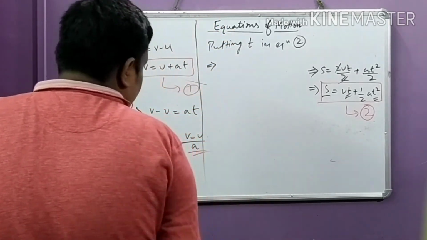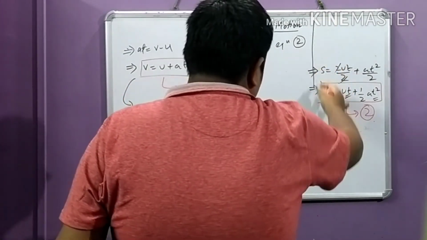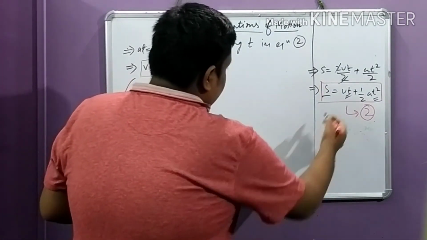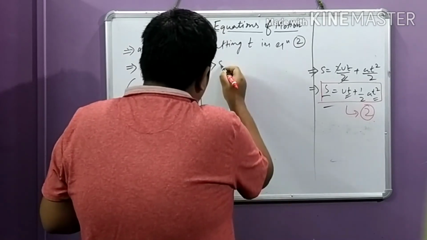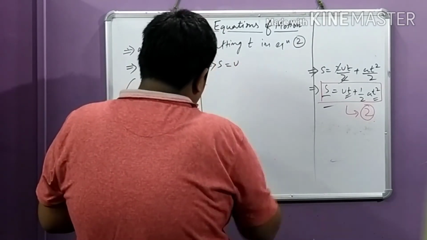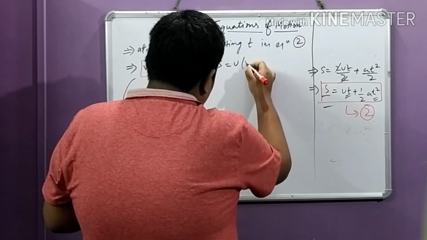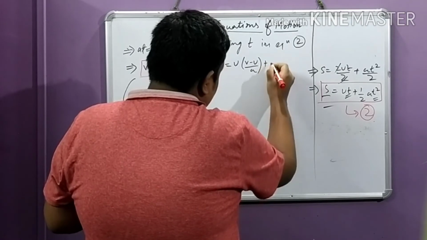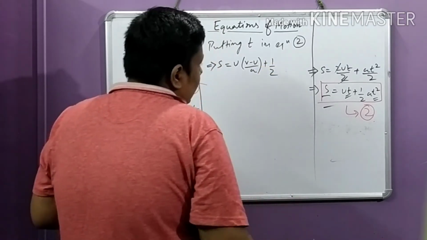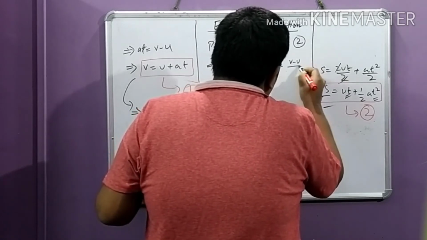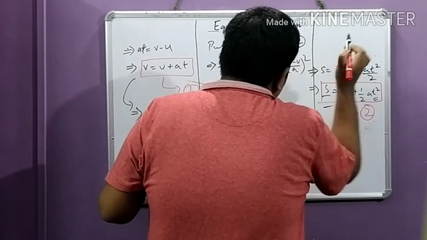This is another part and this is also another part. So here if we put T, what we get? S equal to U into T, means (V minus U) by A, plus half A T square, means (V minus U) by A whole square.